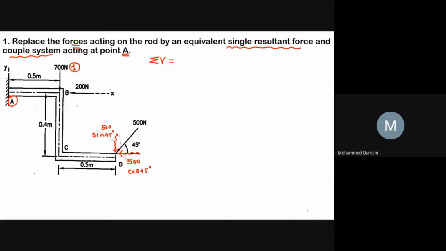So the second vertical force is your 500 sine 45 degree. So summation of vertical force will be equals to 700 plus 500 sine 45 degree, which will be equals to 1053.5 Newton.